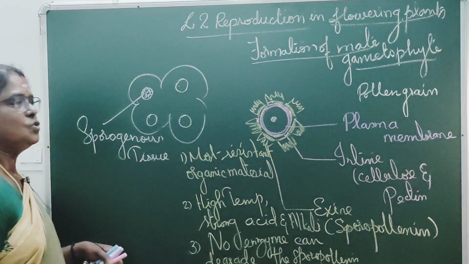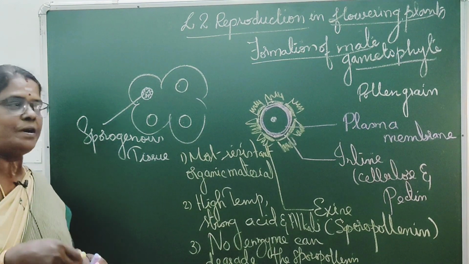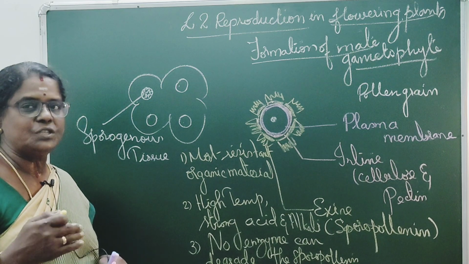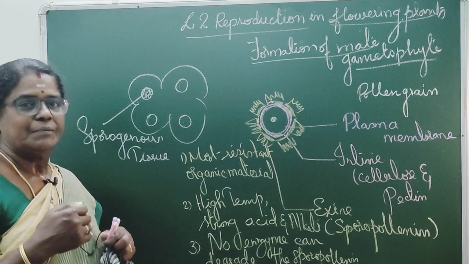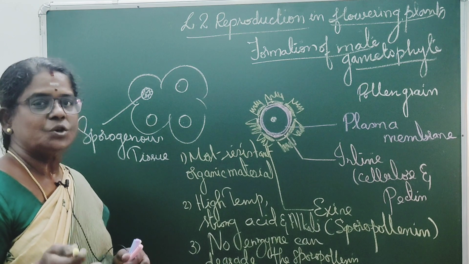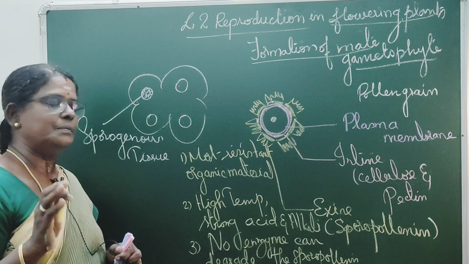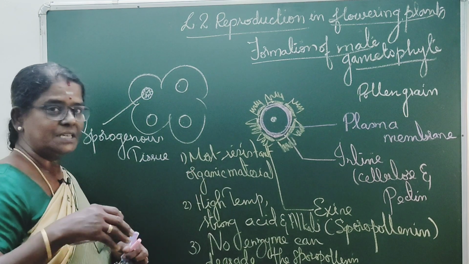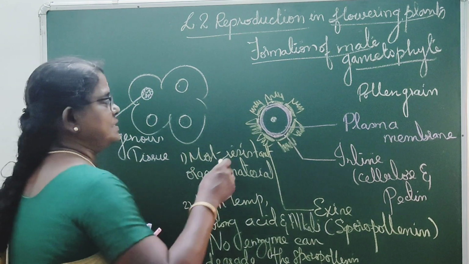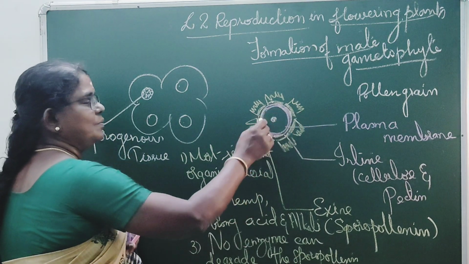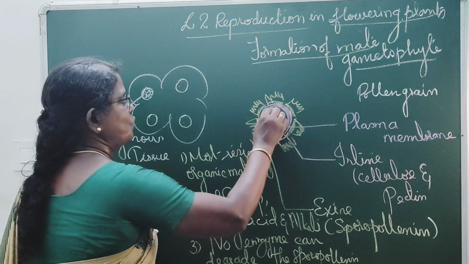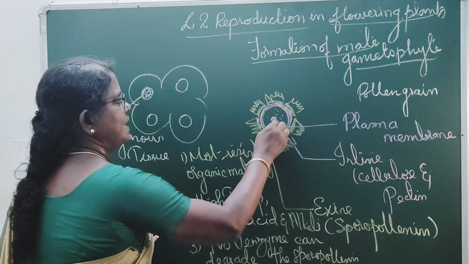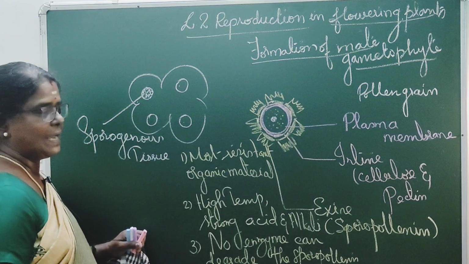Now you understand. The microspore mother cell undergoes meiotic cell division and forms a cluster of microspore tetrads. These tetrads separate and mature, and then some changes take place in the microspore. It has the plasma membrane on its own, then next to it the intine, made up of cellulose and pectin.